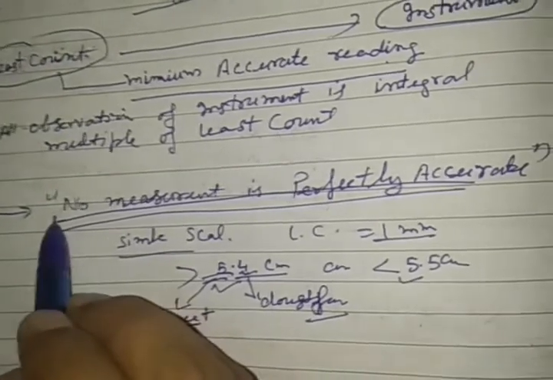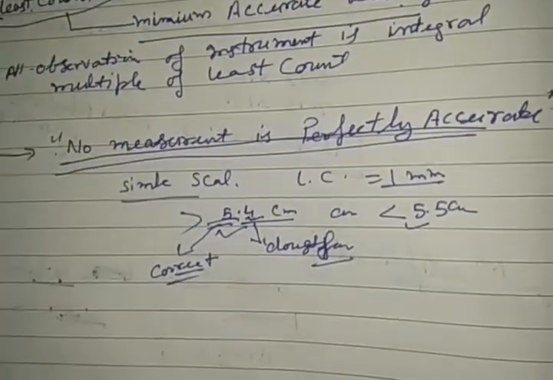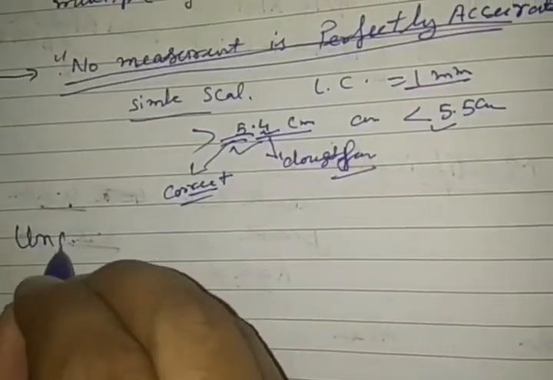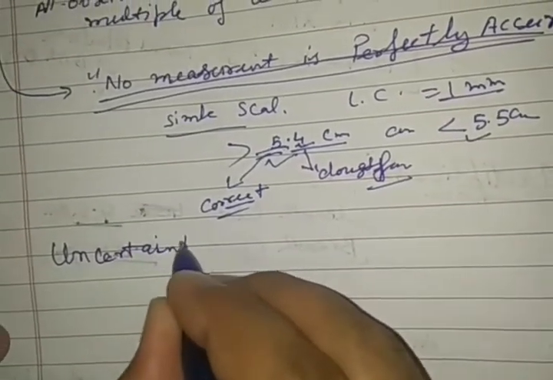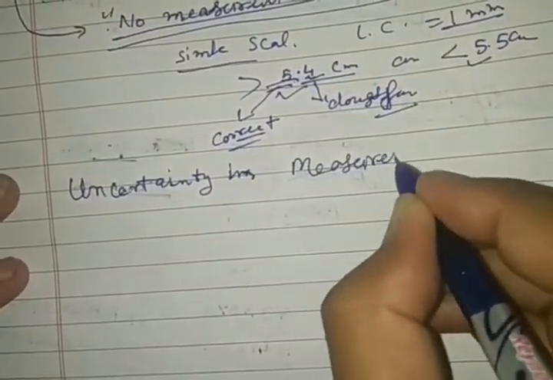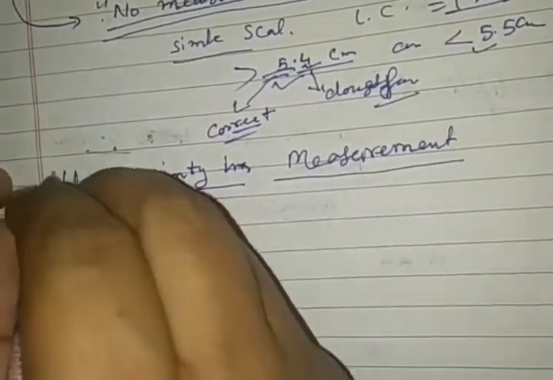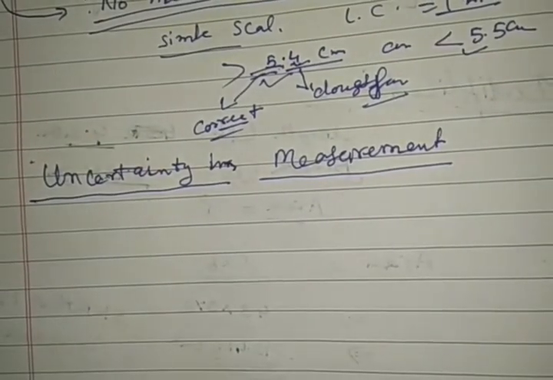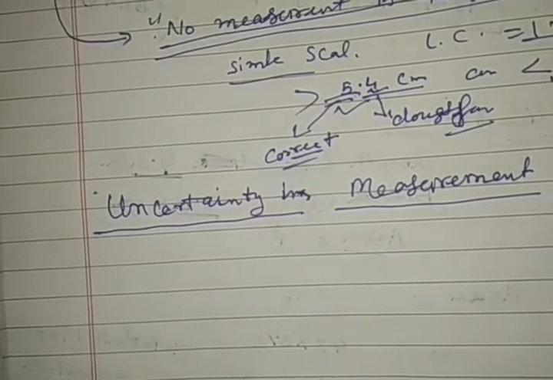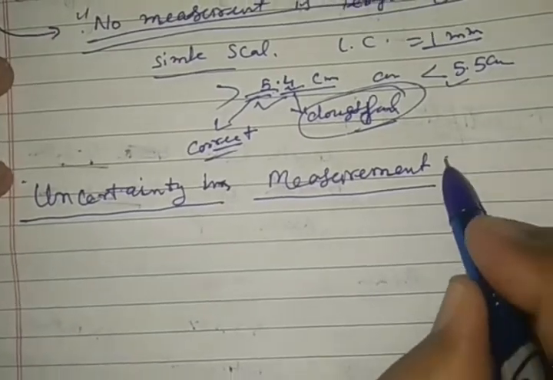That is why it is said that no measurement is perfectly accurate. So there is always a chance of uncertainty in measurement, because the last digit of any measurement is always doubtful.